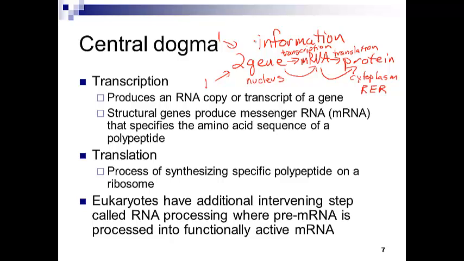Well, if I only have 2 copies of a textbook, and I have 24 students in the class, it's going to take a long time for that information to be disseminated, right? But now if I have 24 textbooks for a class of 24, each individual can get the information a lot faster. So by using an intermediate like mRNA, two genes can produce thousands of mRNA molecules.